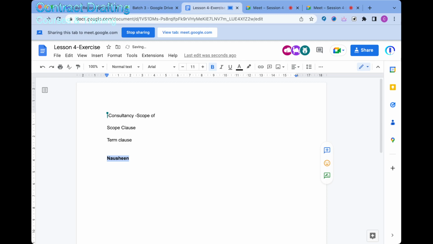Below this line, you just write your scope clause and then the term clause of the service agreement. And all of you can just start writing after writing your name.